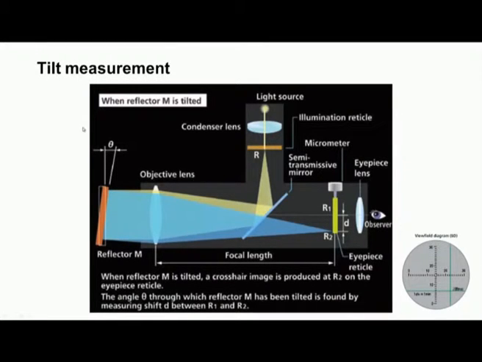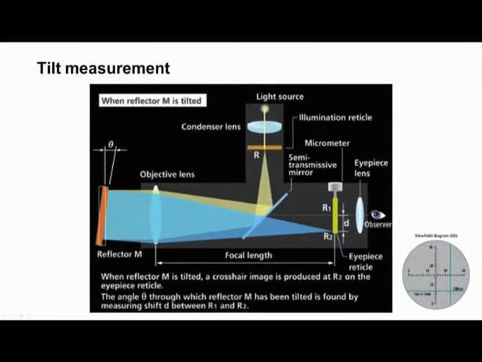Now, the constructional details are shown here. This is the reflector M. Now, you can see there is a small tilt of theta which we wish to measure. I can see the objective lens and then the eyepiece lens, and there is a light source. Light will fall on the mirror and then it will fall on the reflecting surface.